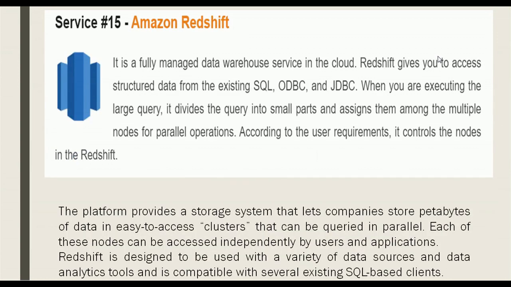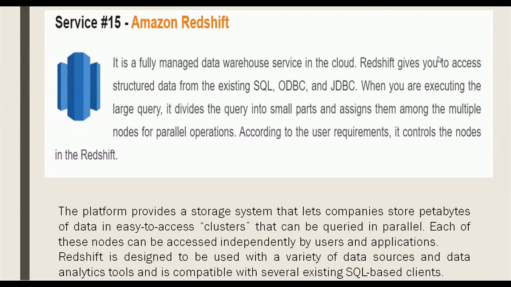Amazon Redshift is a fully managed data warehouse service in the cloud. It is used for warehouse services, and Redshift gives you access to structured data from existing SQL, ODBC and JDBC. When you execute a large query, it divides the query into small parts and assigns them among multiple nodes for parallel operation. According to user requirement, it controls the nodes in Redshift. So normally, this is a common problem: when you have a large amount of data and you make a query on that data, it takes time.